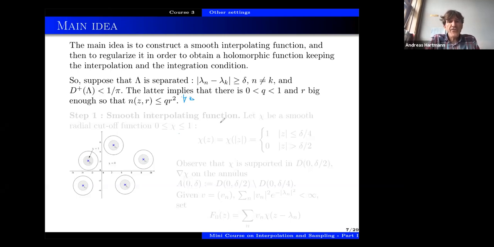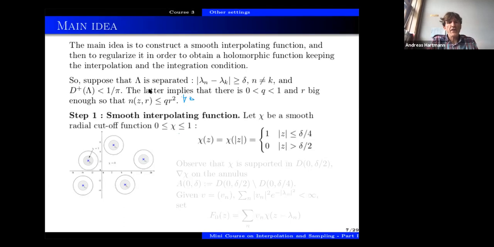Okay, so the first step is computing the smooth interpolating function. And for this, I will start exploring this separation condition. For this, I will introduce this function chi, which is a smooth radial cutoff function.